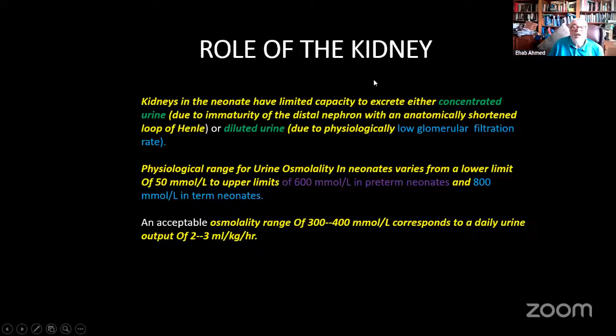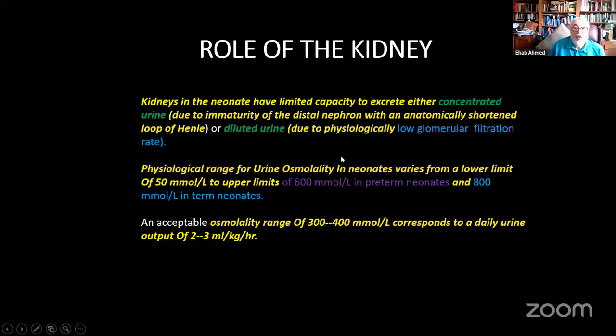The role of the kidney is extremely important. And we have two main concerns here about the newborn baby, which are the ability to concentrate urine, meaning to preserve fluids, and the ability to dilute urine, meaning to try to conserve electrolytes, mainly sodium. Also, the glomerular filtration rate is relatively low in the newborn baby, and the renal blood flow is relatively low in the newborn baby.